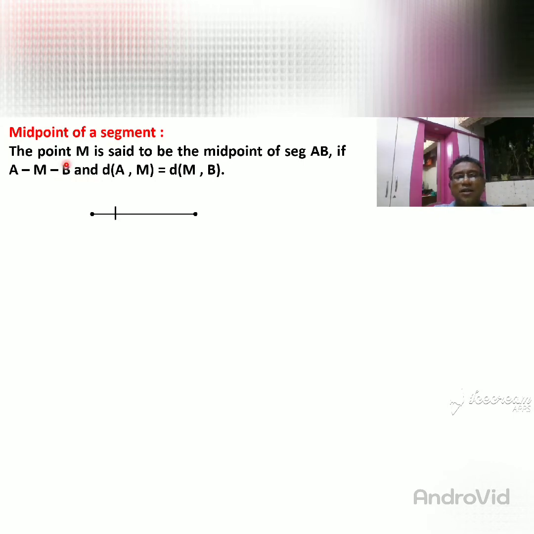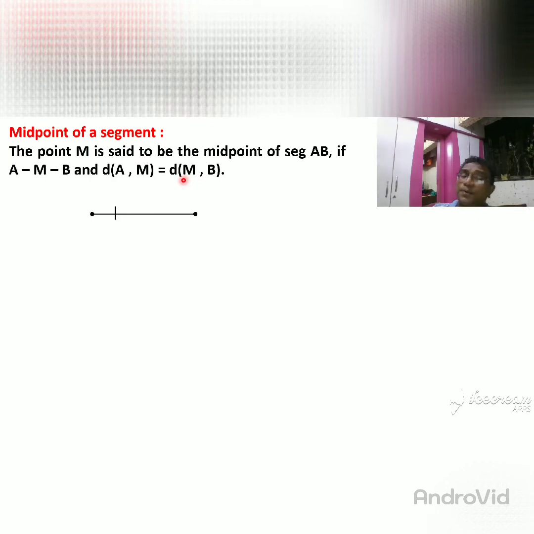So see here, the point M is said to be the midpoint of the segment if A-M-B. This is the betweenness notation. In that betweenness, it says M is between A and B. See, this is M, and M is between A and B. The condition is that the distance A comma M and the distance M comma B are the same, they are equal.